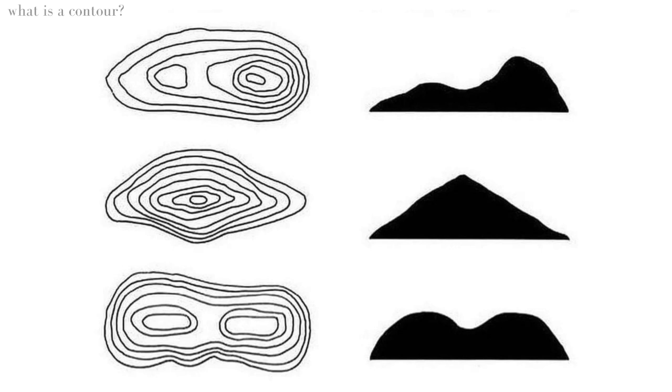You can see that in the second example, where there is only one single point of elevation, or one continuous point towards an elevation, and that gives us just a very pointy mountain. On the third example, we can see that there are two contour lines that are similar in size, and that is also translated as two very similarly elevated areas in a map.